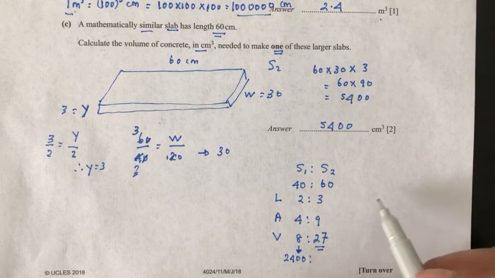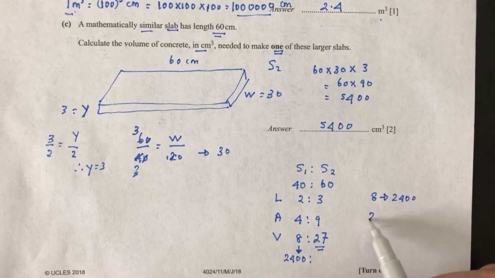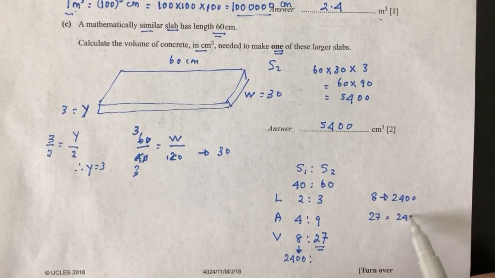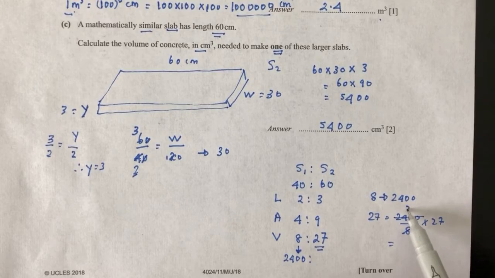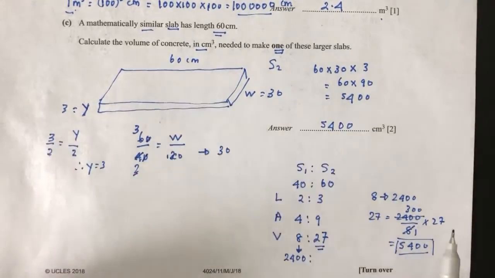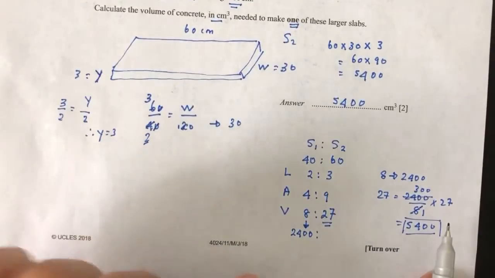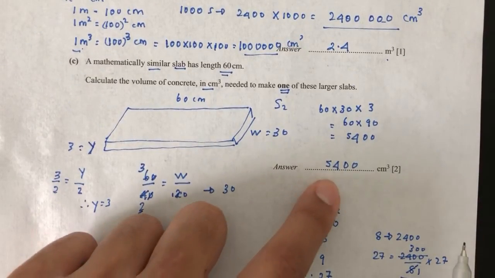If 8 is equal to 2400, then 27 will be 2400 divided by 8 times 27. That will be 300 times 27. You will get the same answer as the first part. These are two methods of solving this, and either way, the answer is the same.